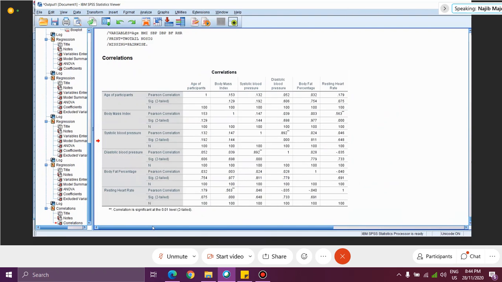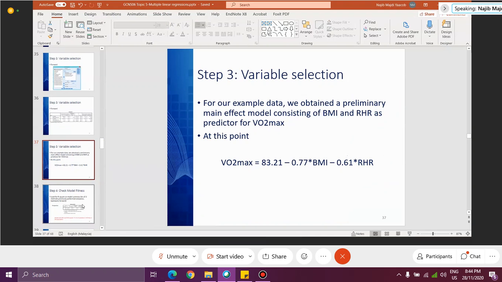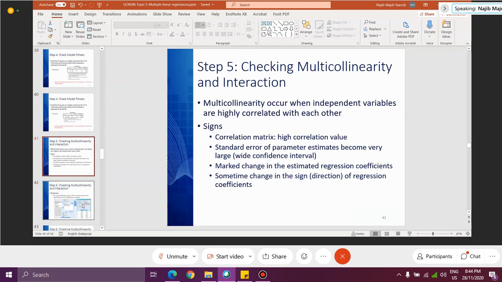Okay, but in multiple linear regression analysis, there's some formal way to check for multicollinearity. Okay, standard error of parameter estimate becomes very wide. Okay, you can have wide confidence interval for the coefficient, the beta, when you have multicollinearity issue.